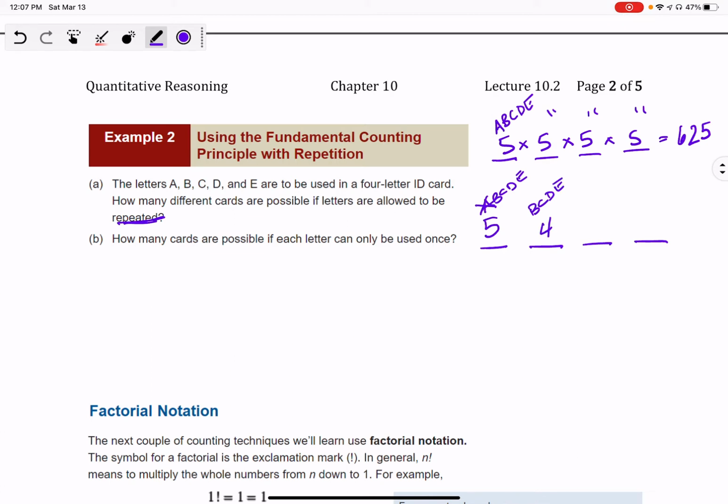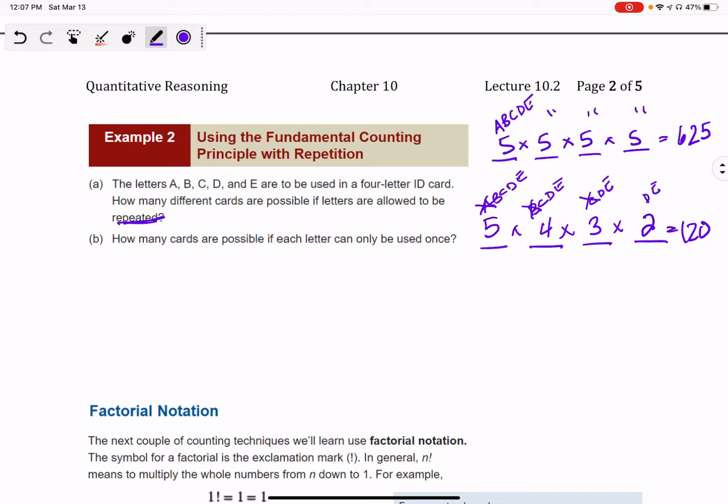That's 4. Take one away. That's 3. Take one away. That's 2. So 5 times 4 times 3 times 2 will give us 120 different ways.